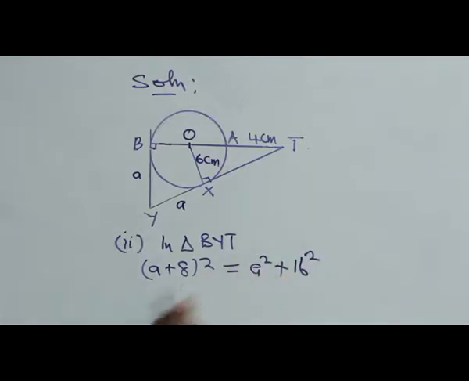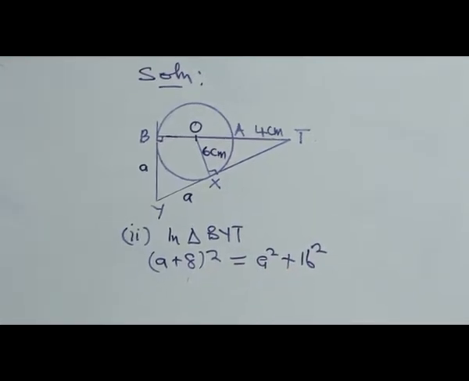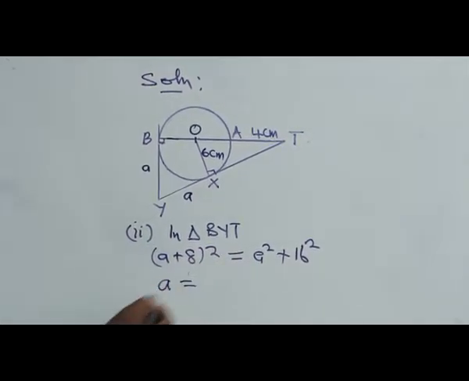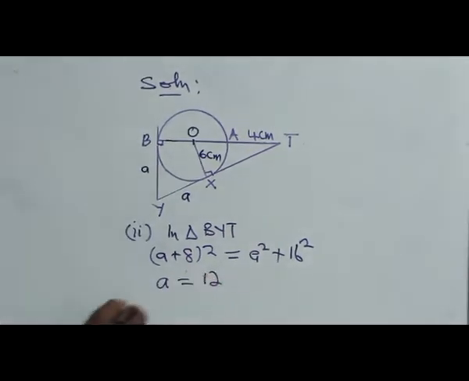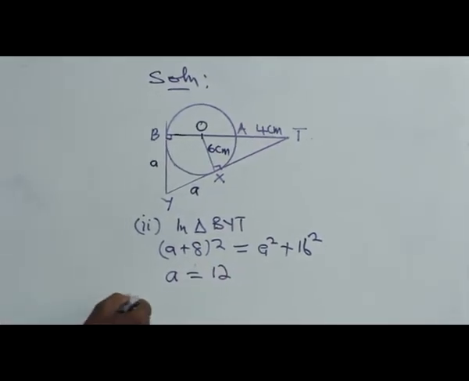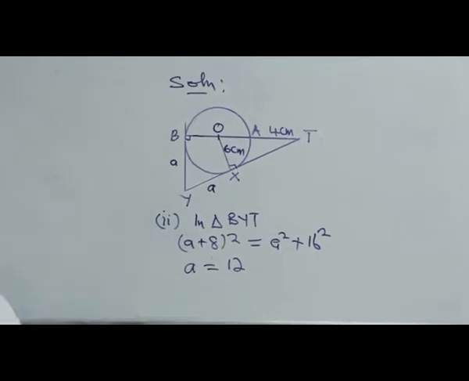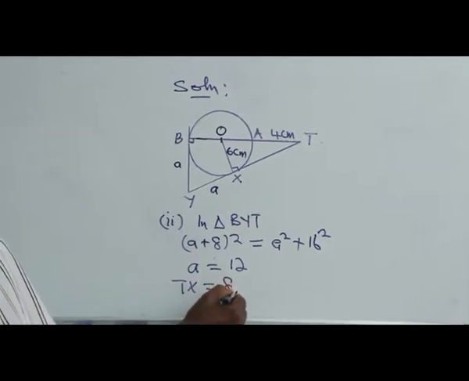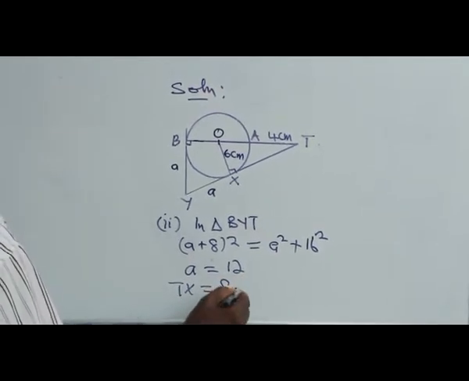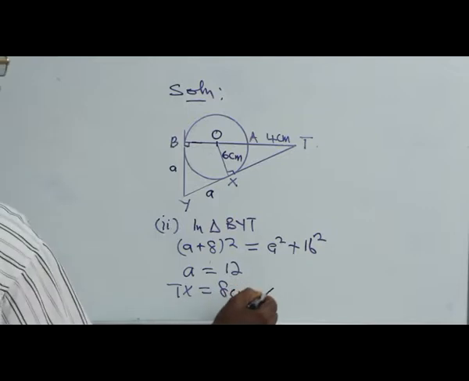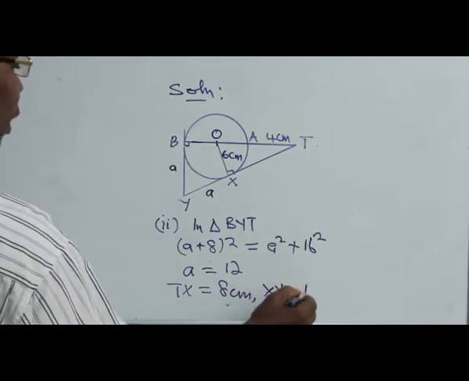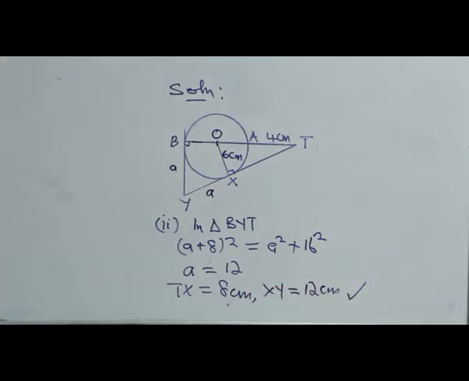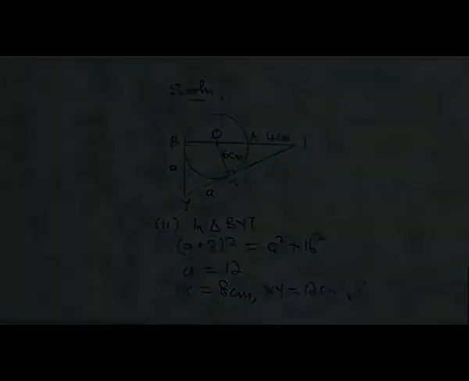So you will solve this to find the value of A. When you solve this, your A will be equal to 12. So the answer to this problem: for the first one, which is your TS, is equal to 8 centimeters, and then your SY is equal to 12 centimeters. And this is the solution to the problem.